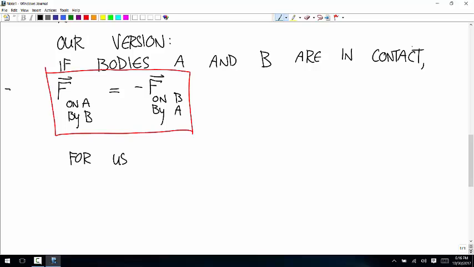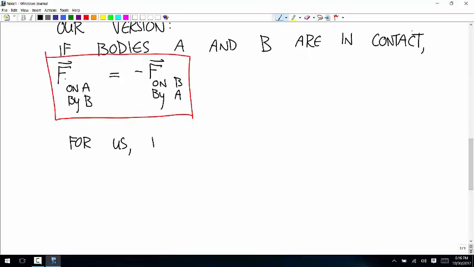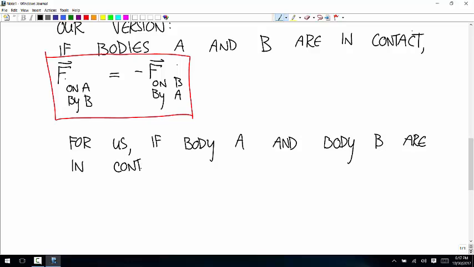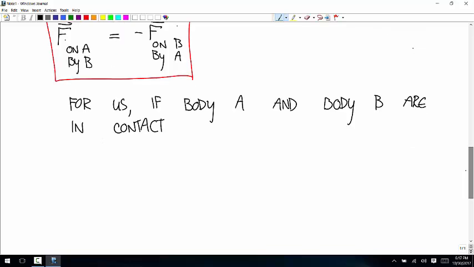For us, if body A and body B are in contact, so let's say this is body A, it's like this rolling cart, and body B is like a fish.